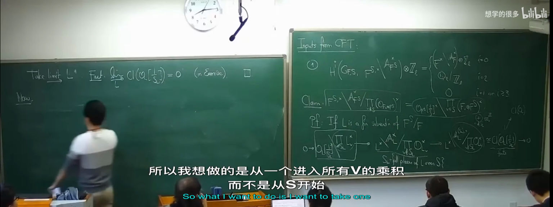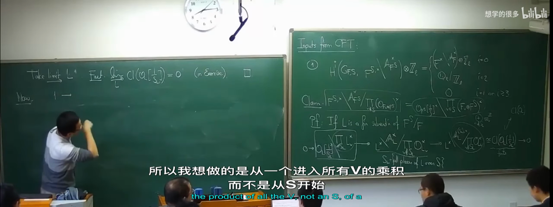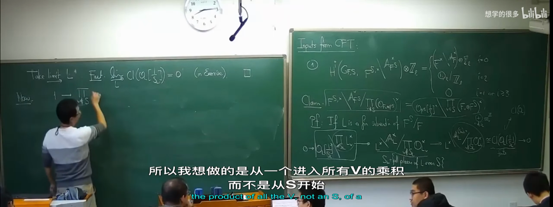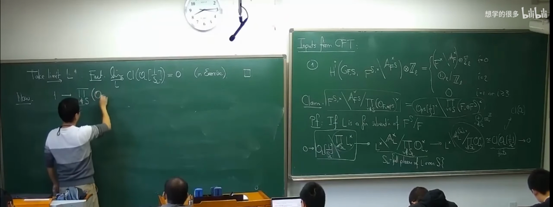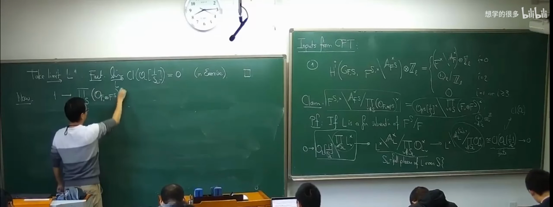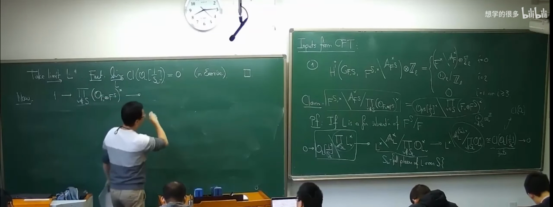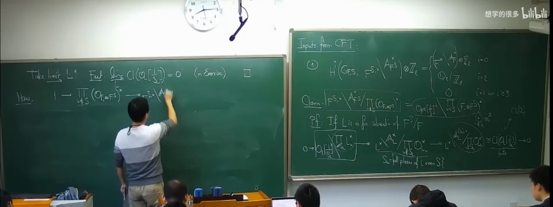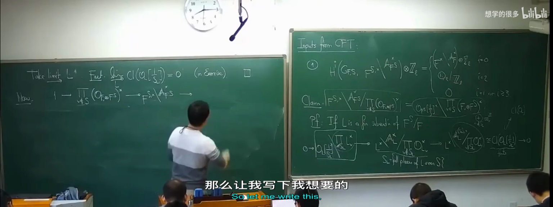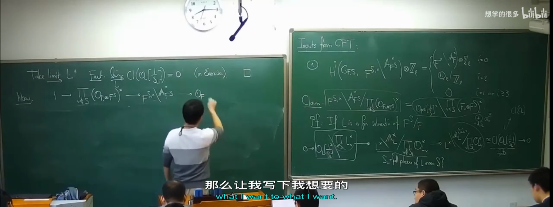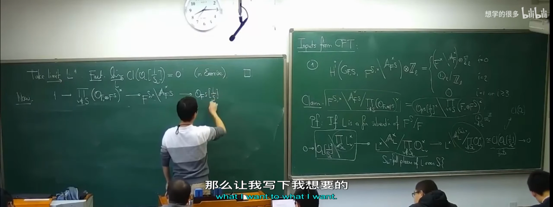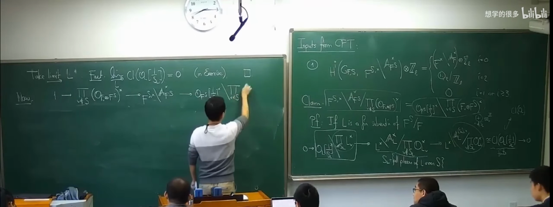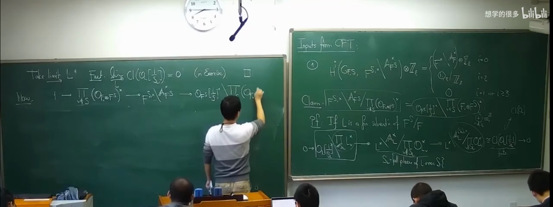So what I want to do is take 1 goes to the product of all V not in S of O_F,V cross.